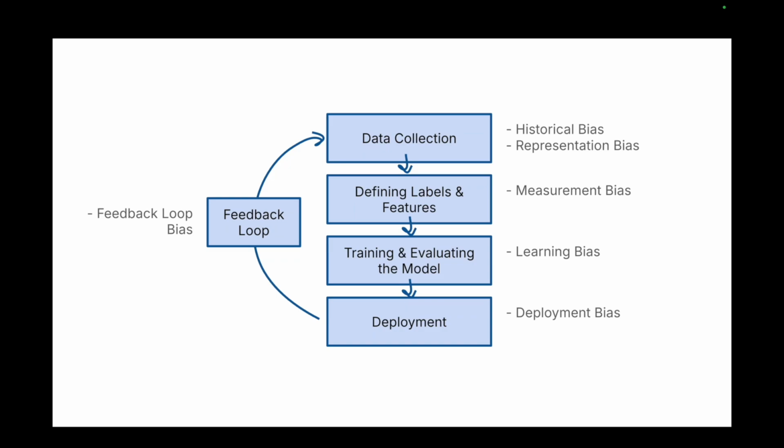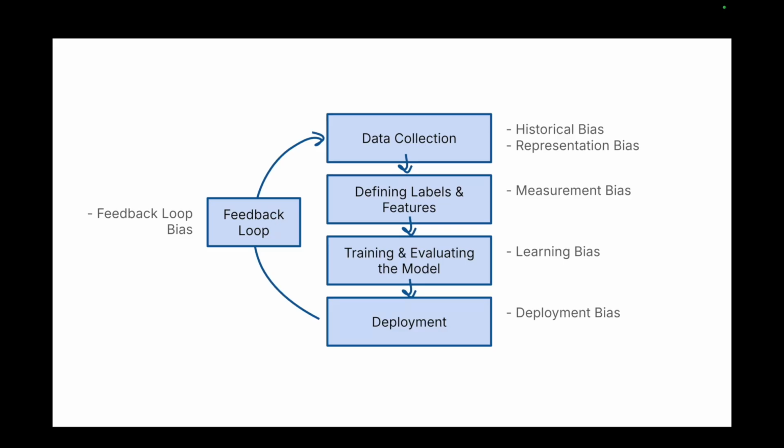And biases can actually enter our system in many different ways. We're mostly focused on data collection in this particular video. So things like historical biases and representation biases, but also when you define labels in your data, you get measurement bias. When you train and evaluate your model, you can have learning bias. When you deploy your model or send it out to the public, you can get biases.